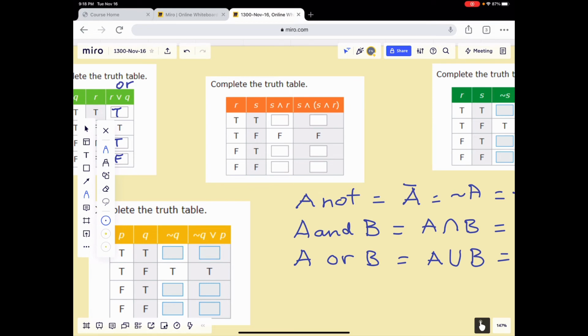This mean here is the intersection, that means and, that means multiplication, and this one also and.